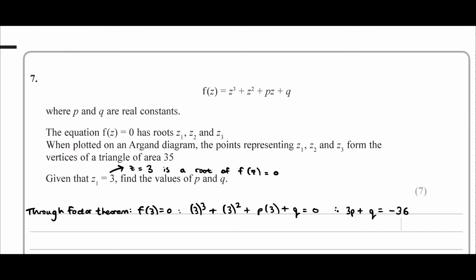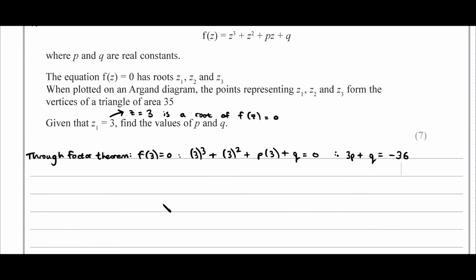And because of that, we can therefore conclude that z minus 3 is a linear factor of f of z.